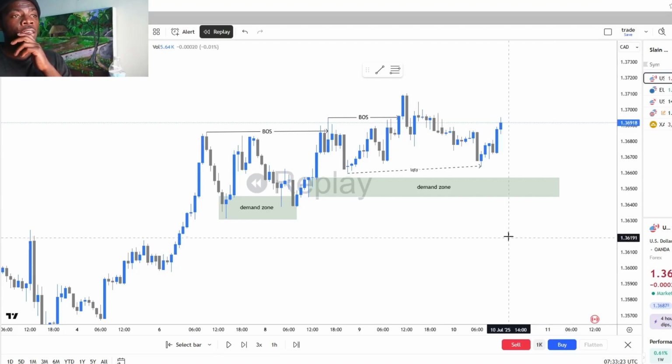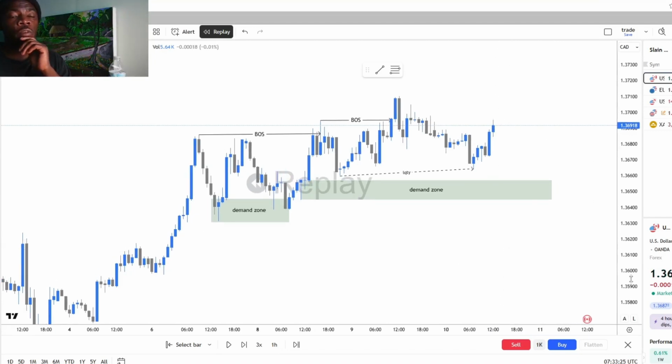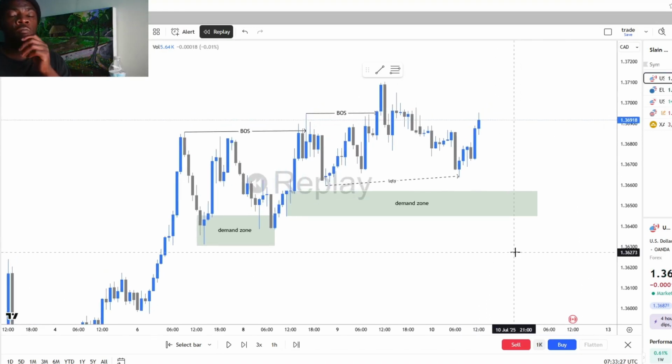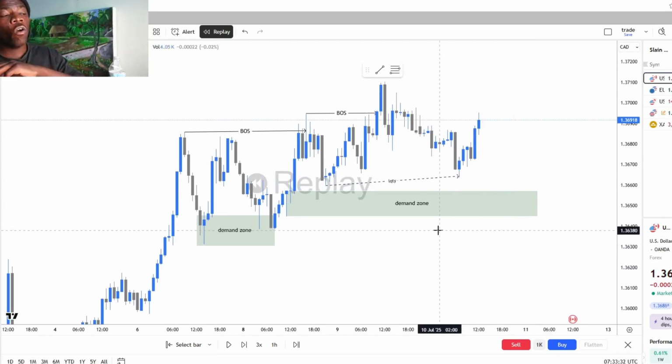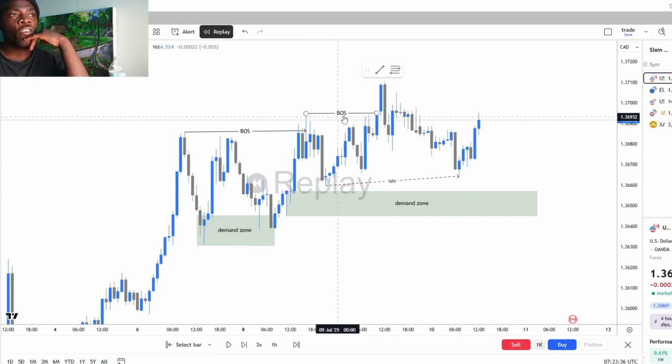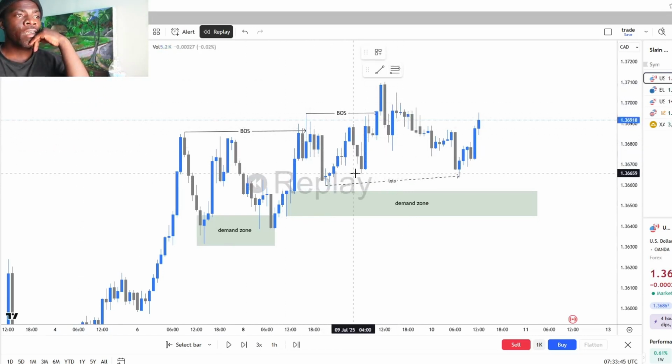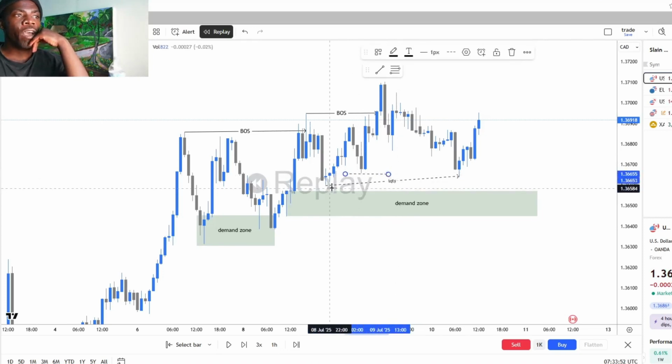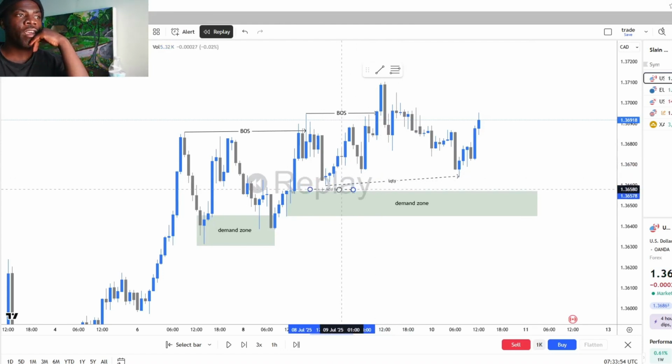And right now we're in the live market, and I'll be breaking down more examples of how liquidity is actually used. So right here, price broke structure, and right here, price broke structure, but price left this form of inducement right here, and we also have this inducement right here.